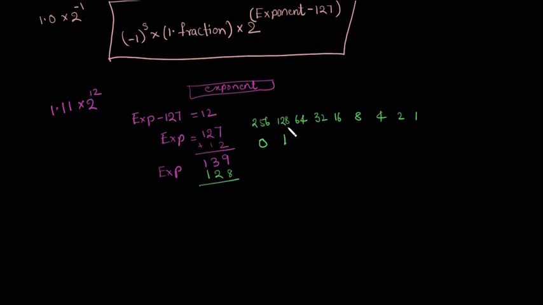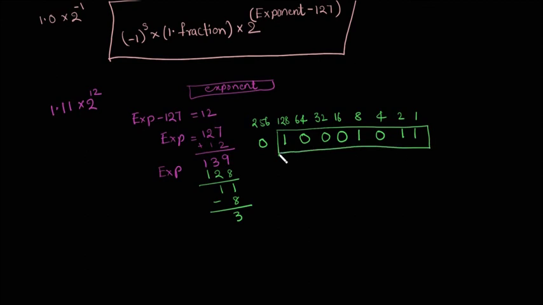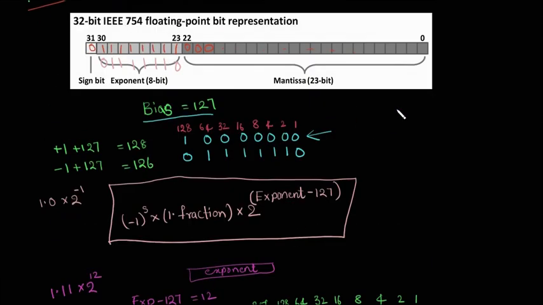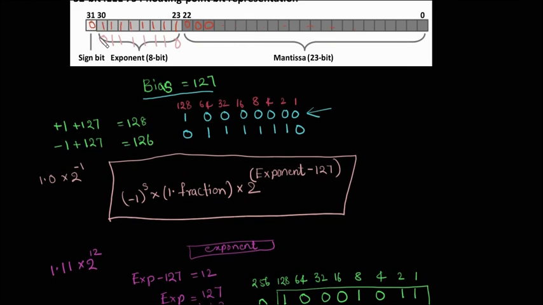We have got 128, so we are in need of 11 more. So put a 0 here, 0, 0, we put a 1. What is 11 minus 8? It is 3. So we are in need of 3. Put a 0 here. So this is the 8-bit value that we have to copy into this exponent field.